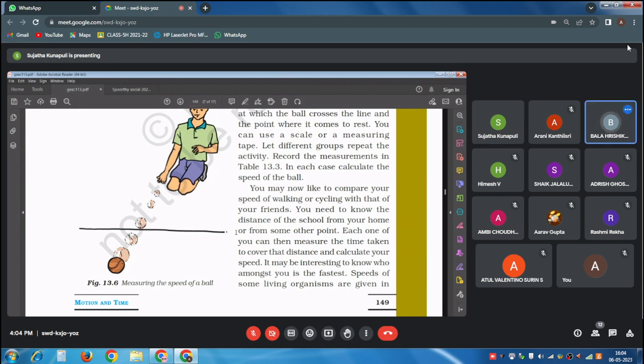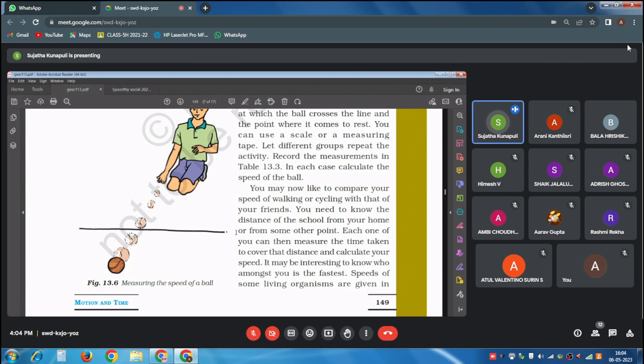Ma'am, can you repeat once, please? See the active figure 13.6. Okay, 13.6. What he is telling is, from one point, you try to roll the ball on the ground.